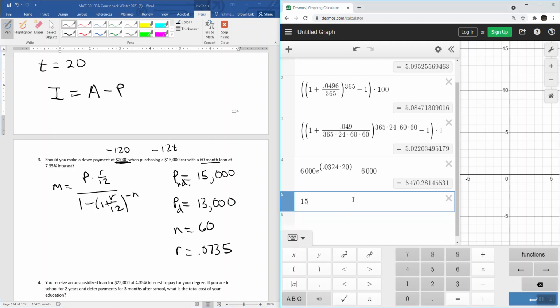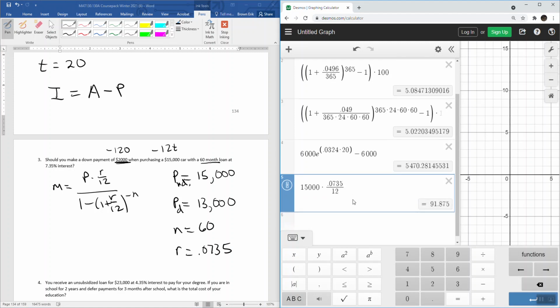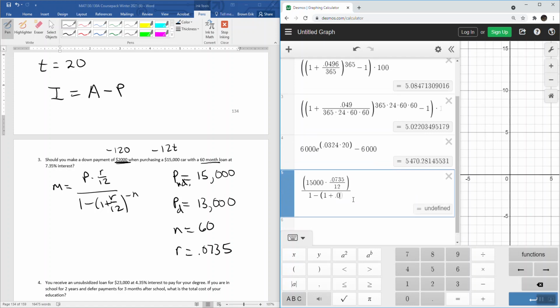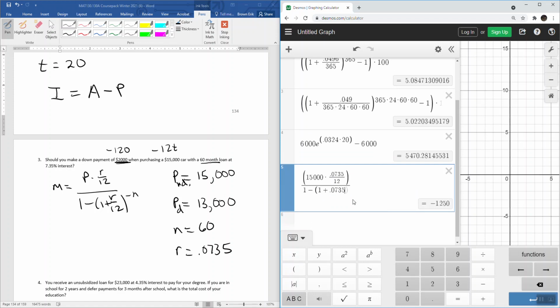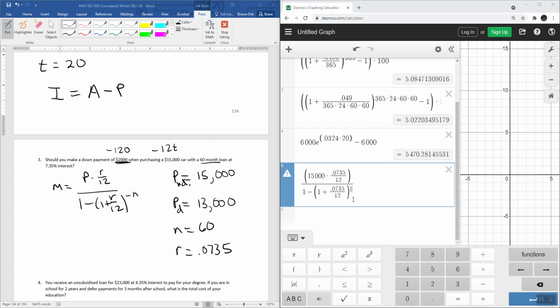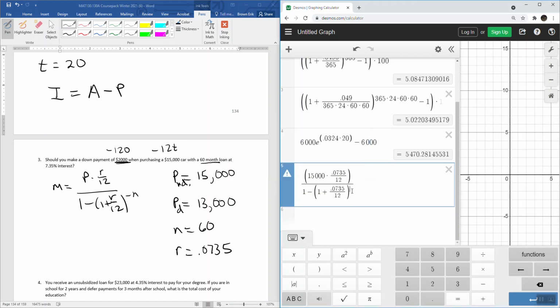I'll start with the no down payment, 15,000 times 0.0735 divided by 12, and that mess divided by 1 minus 1 plus 0.0735 divided by 12 raised to the -60 power.